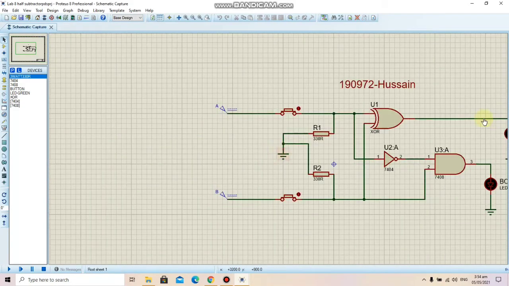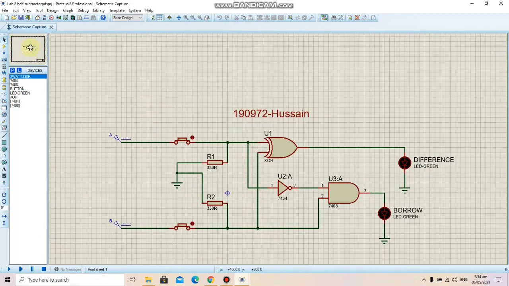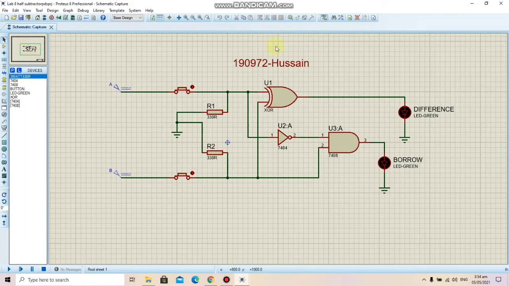So this is the implementation of the half subtractor. You can see the XOR gate connected to A and B, and the AND gate connected to NOT of A and B. So let's run this. We can see that when both the inputs are 0 0, the output is 0.